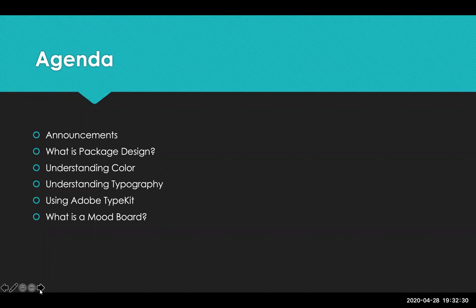We want to create something in this class that you're going to be able to put in your portfolio, and not just use for package design, but for all of your projects and any professional work that you're going to be doing. Because when we talk about these design elements, shape, texture, color, typography, hierarchy, they really apply to everything that you design as a graphic designer.